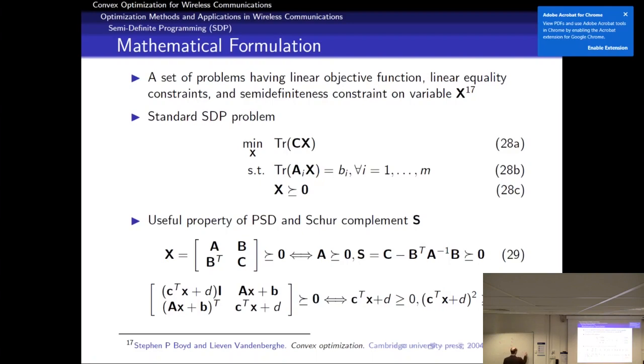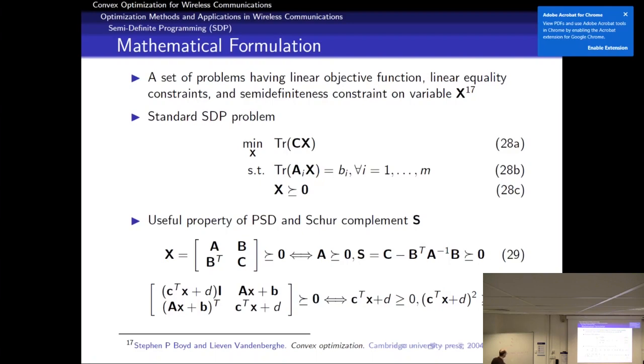So I have AX plus B. Okay, so the inverse of this is an identity matrix. This is nothing else than 1 over C transpose X plus D.